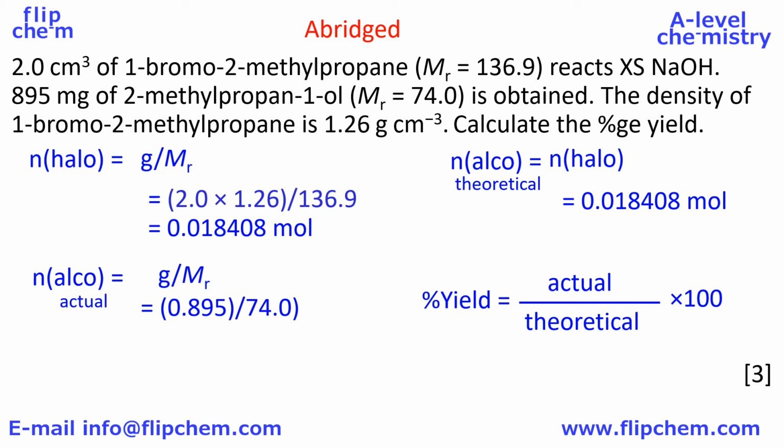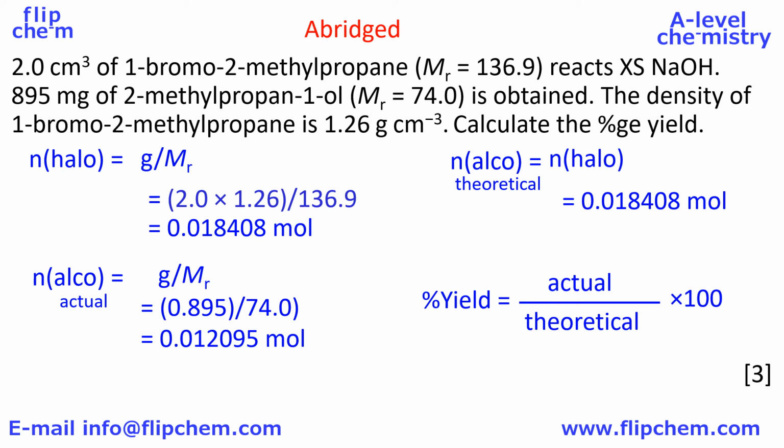In the question it gave us 895 milligrams. You have to know that 895 milligrams is equivalent to 0.895 grams, and again you just have to know that conversion. It's not given to you in a data sheet. That works out at 0.012095. So we've now got the actual amount of the alcohol, we've got the theoretical amount of the alcohol.